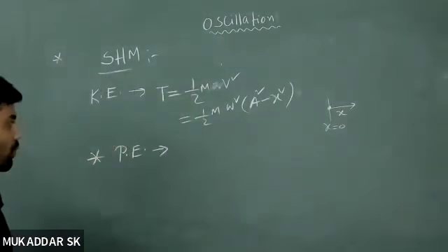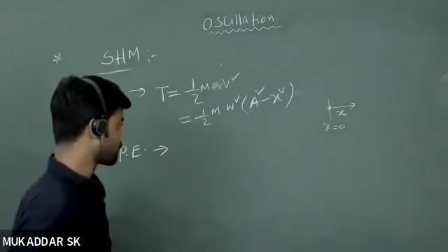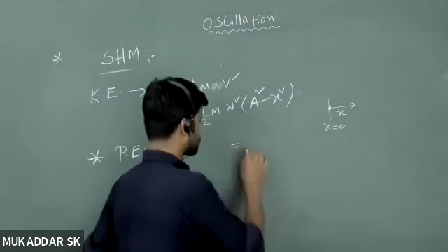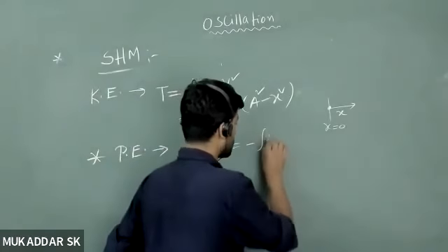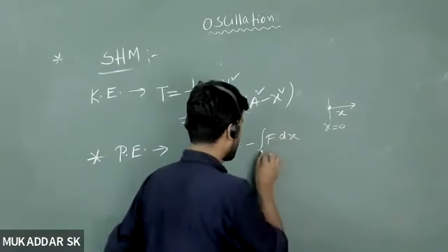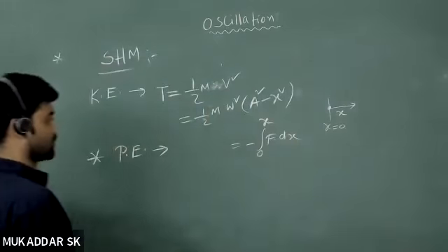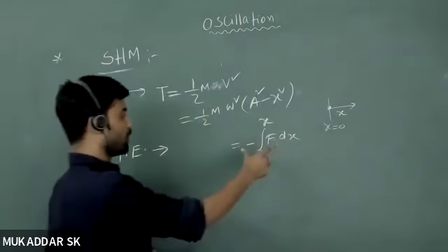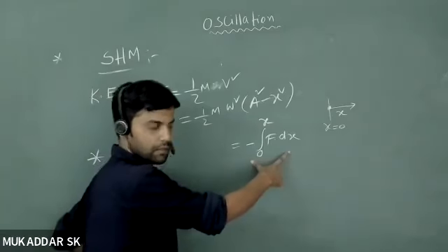So how much will the work done be? The work done will be minus integral of f dx, as you displace that particle from x equals 0 to some arbitrary x. And the work done is nothing but the change in potential energy.